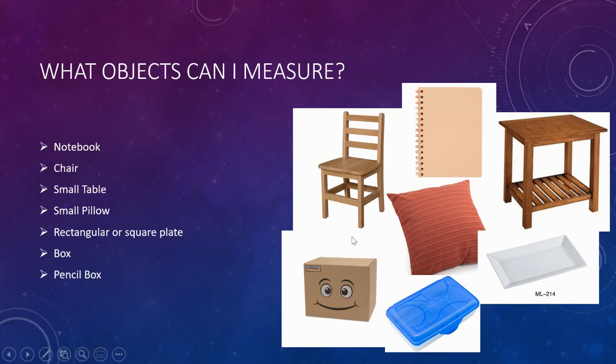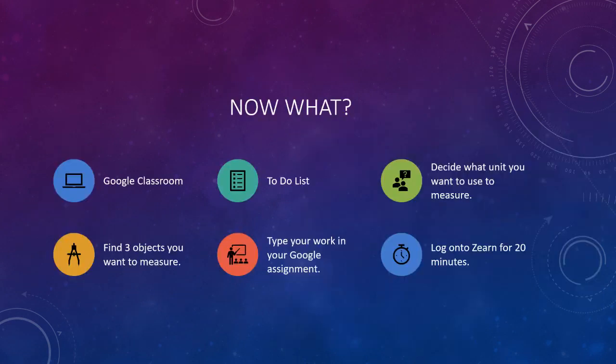If you have round plates, don't do the round plates, please. Okay. Box. If you don't have a happy box like this one, don't do a box. No, I'm kidding. You can do a box if you have some boxes laying around your house. Your pencil box, if you have a pencil box at home, you can definitely do that. A pencil bag. Sometimes you have those square pencil bags. Yeah, anything that you might find around your house is fine. Just make sure you list the object when you're showing your work on your Google Doc, okay?